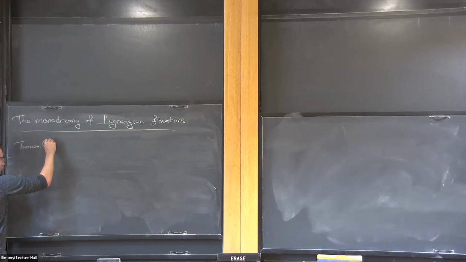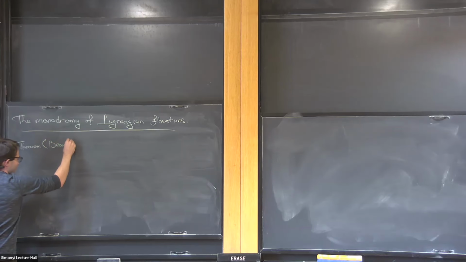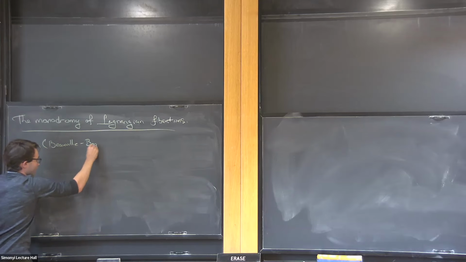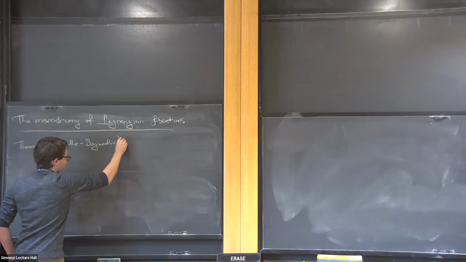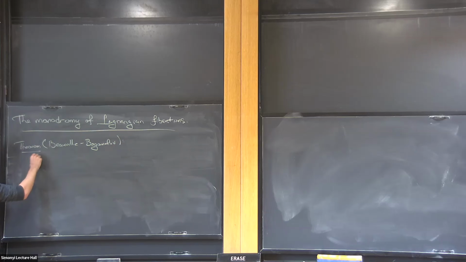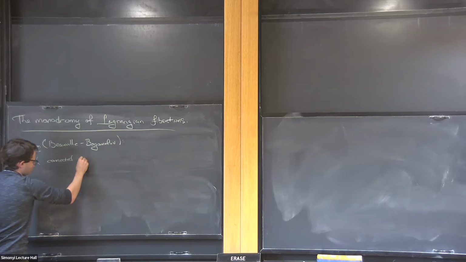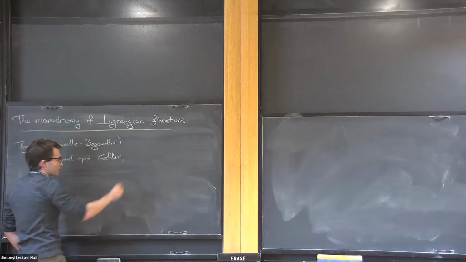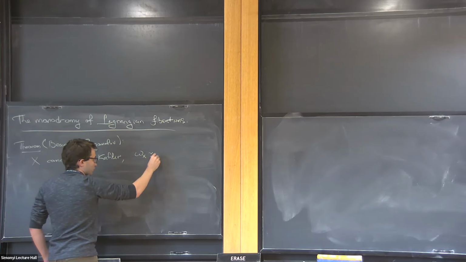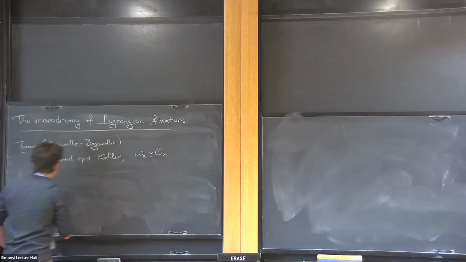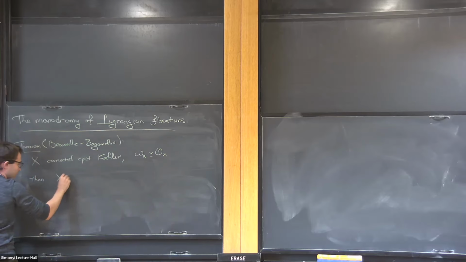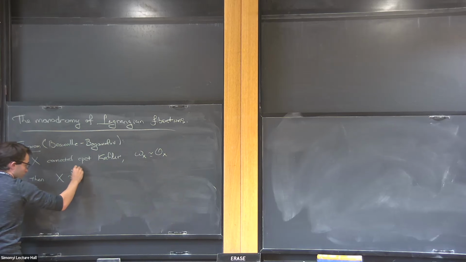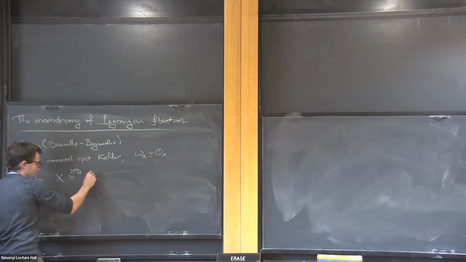This is due to Voisin and Bogomolov. So the theorem is: if X is a connected compact Kähler manifold, and if the canonical bundle of X is trivial, then X is isogenous to, so isomorphic up to finite data, to the following product.